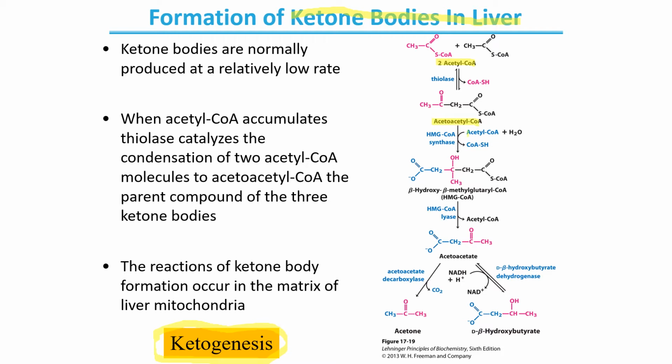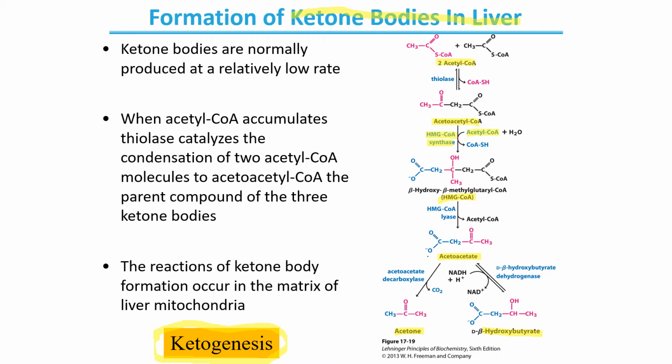Then we add a third acetyl-CoA molecule to it, and it becomes HMG-CoA with the help of the HMG-CoA synthase enzyme. Then this HMG-CoA will break down into the first of the ketone bodies, acetoacetate, which can be converted into the other two ketone bodies, beta hydroxybutyrate and acetone.